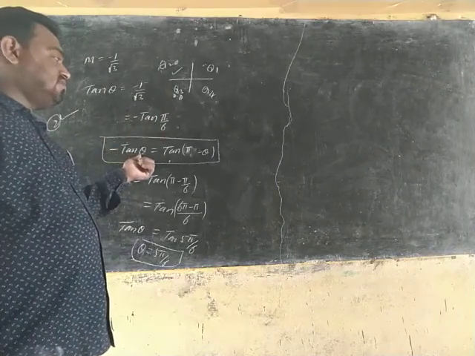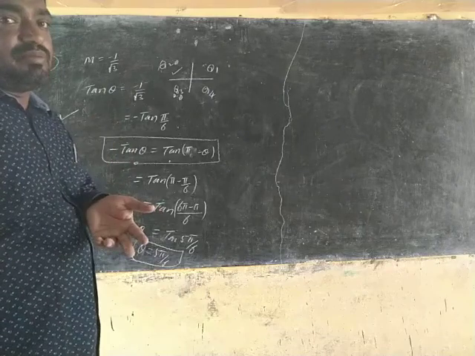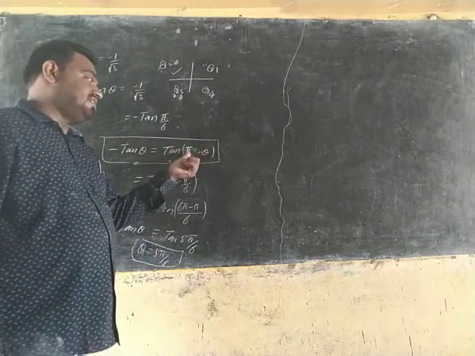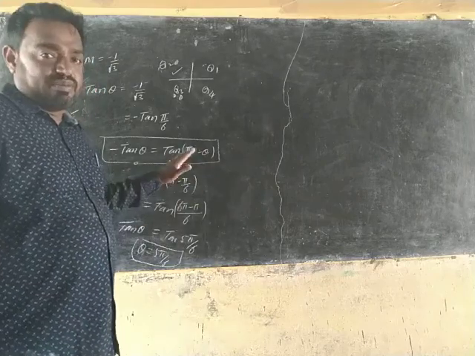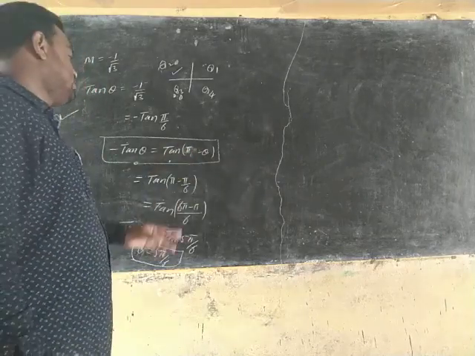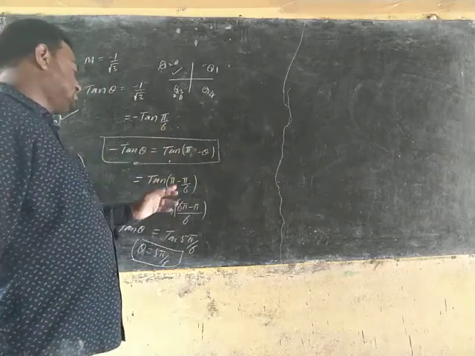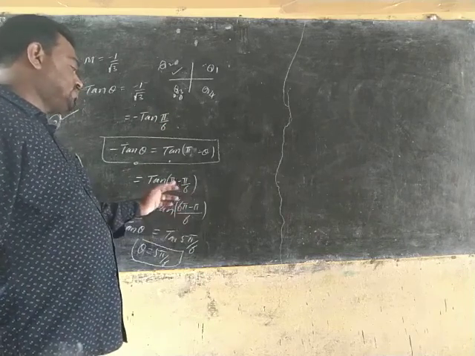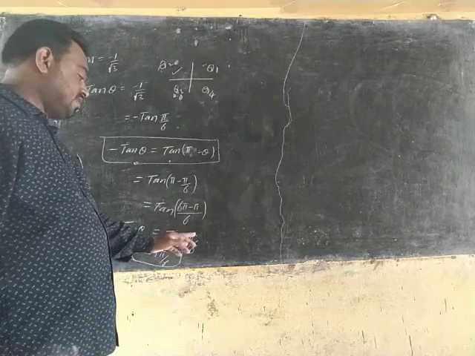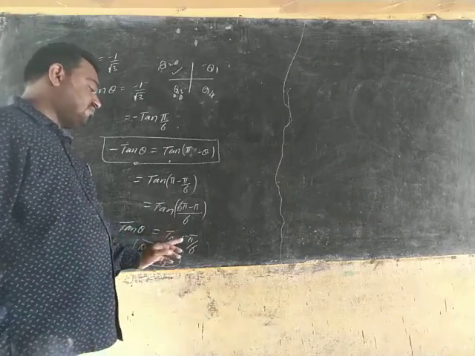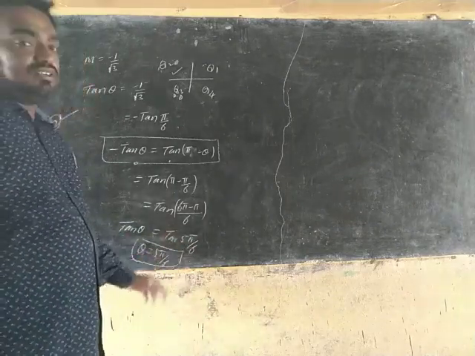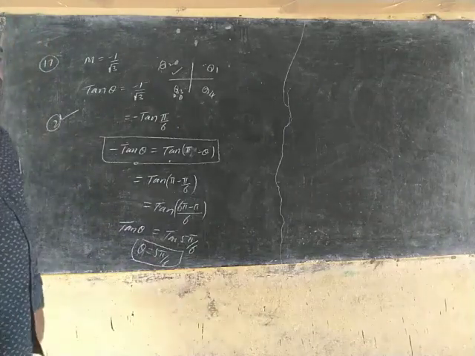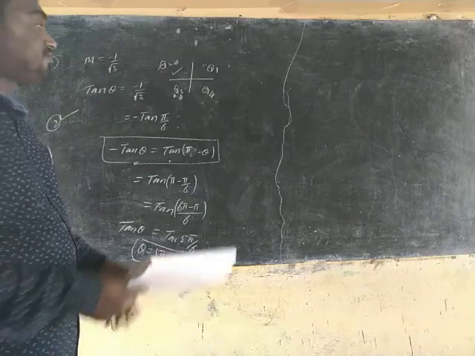Minus tan theta is equal to one of the formulas we have in trigonometry, tan of pi minus theta. You remember this formula now. So in place of theta, pi by 6, so tan of pi minus pi by 6. Take the LCM, 6 pi minus pi, that is 5 pi by 6. Tan theta is equal to tan 5 pi by 6, so theta is equal to 5 pi by 6. Which is the right option? Option 2 is right for this question.